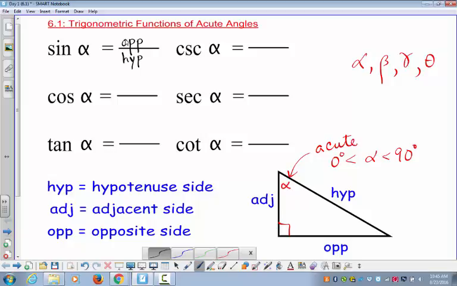We define some concept, make some definition, and then we move on from there. So we're going to do a whole bunch throughout the semester with these 6 trigonometric functions. But first we need to define what they mean. And this is what they mean. It's very simple. 6 trig functions, each one's a ratio. That's not too bad. That's not too crazy. Cosine, by definition, will be adjacent over hypotenuse.